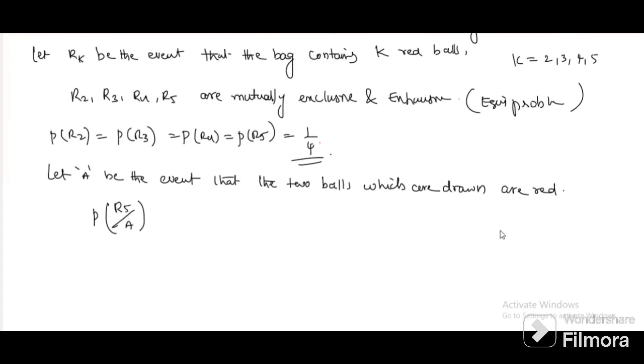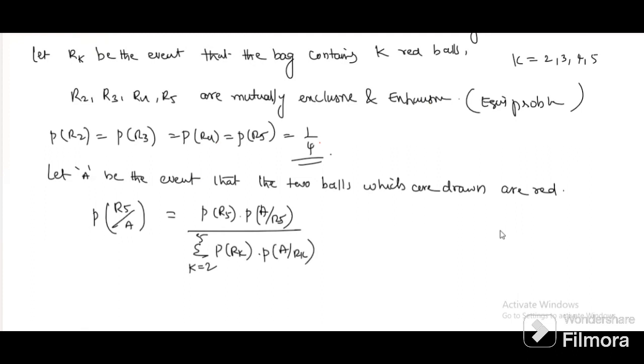We have to find the probability that all the balls are red, meaning R5. That means P of R5 into P of A by R5 divided by the summation for K equal to 2 to 5 of P of RK into P of A by RK.